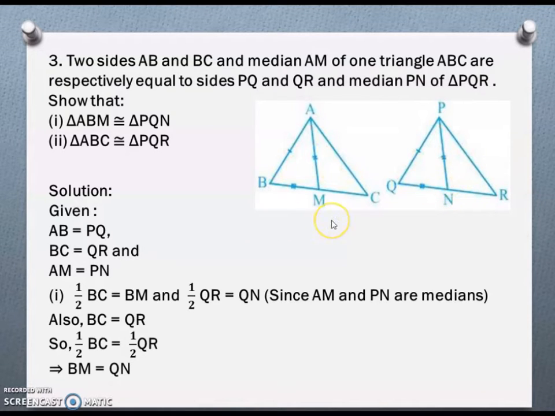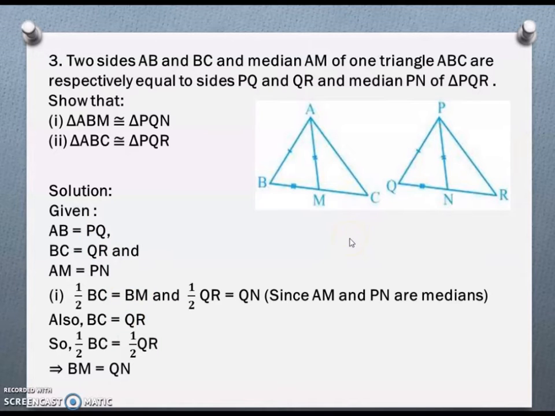So AM need not be perpendicular and PN need not be perpendicular here. That is the property of altitude, not median. So according to the definition of median, I can say that BM and MC are equal and QN and NR are equal. Also it is given that sides AB, PQ are equal, AM and PN are equal, and BC and QR are equal. So I can say BC and QR are equal to each other.